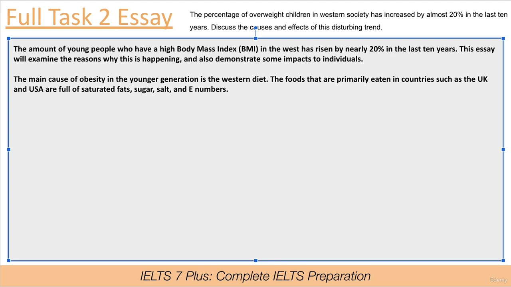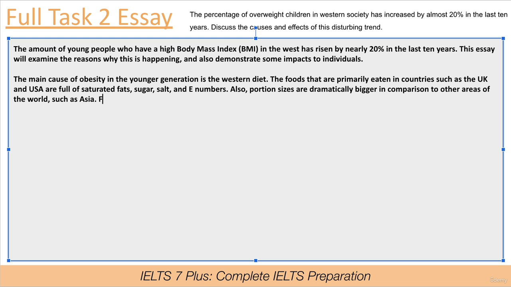Let's maybe say an example, or maybe portion sizes as well. Also, portion sizes are dramatically bigger in comparison to other areas of the world, such as Asia.